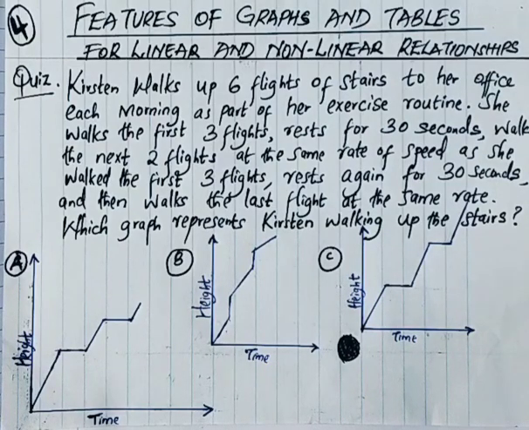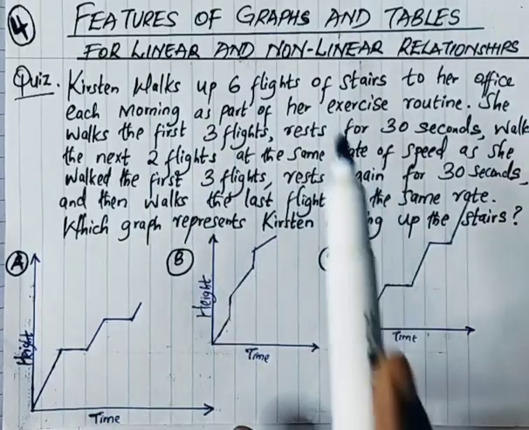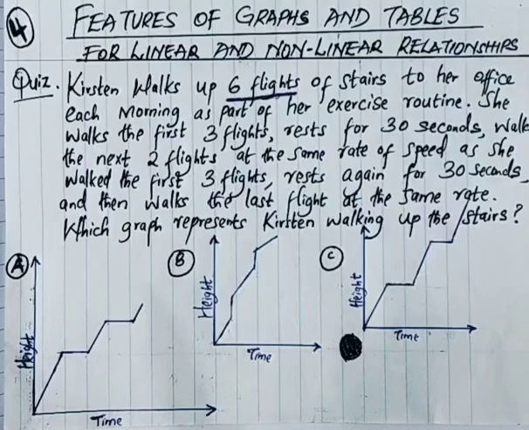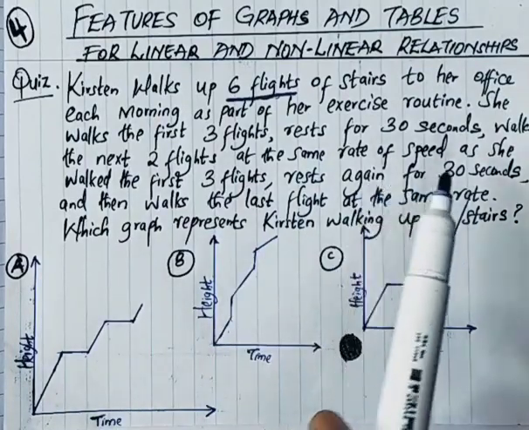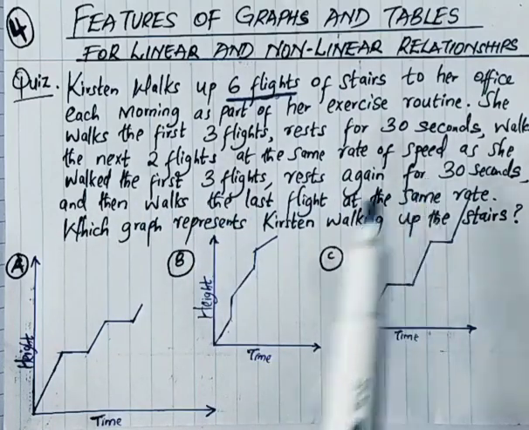We have a statement here, and the statement reads, Kirsten walks up 6 flights. Good to be underlining the key words or statements. Kirsten walks up 6 flights of stairs to her office each morning as part of her exercise routine.